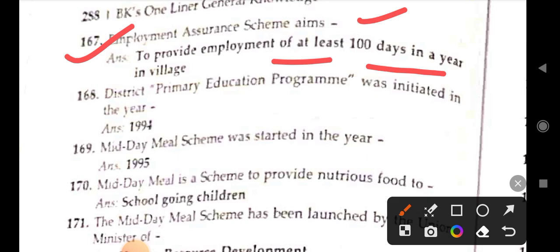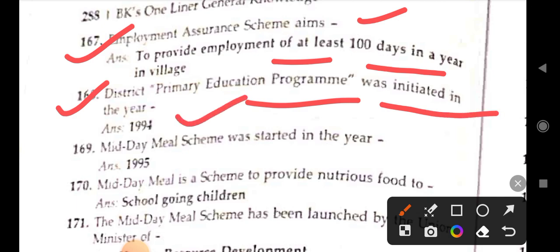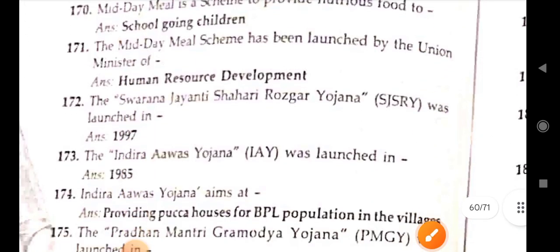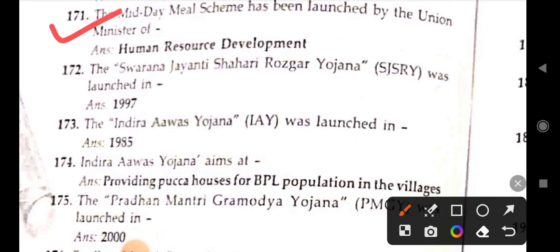Next, the District Primary Education Program was initiated in the year 1994. The Midday Meal Scheme was started in the year 1995. Midday Meal is a scheme to provide nutritious food to school-going children. The Midday Meal Scheme has been launched by the Union Ministry of Human Resource Development.